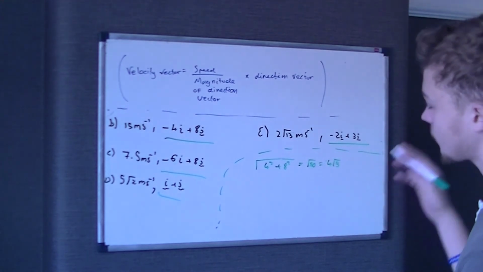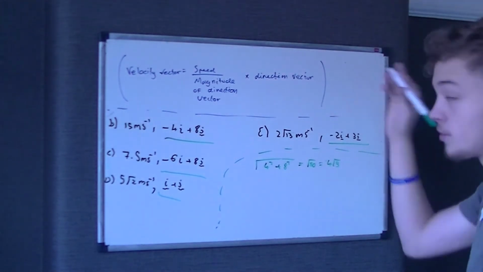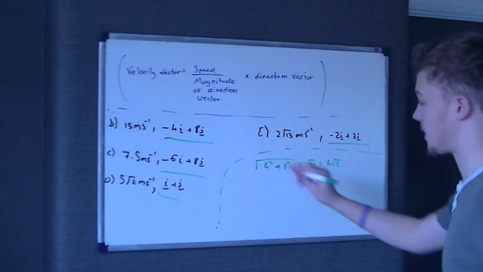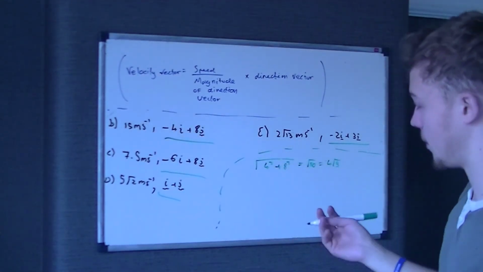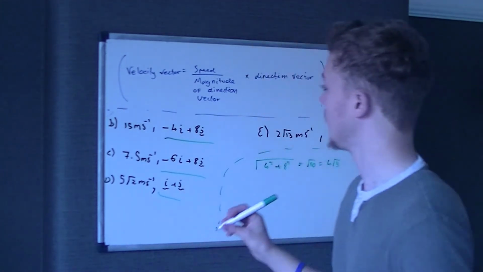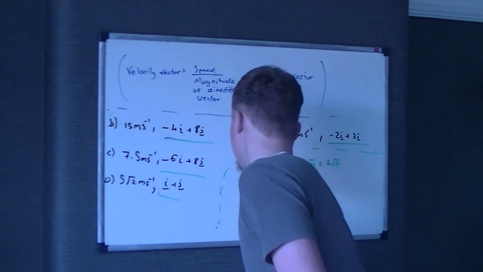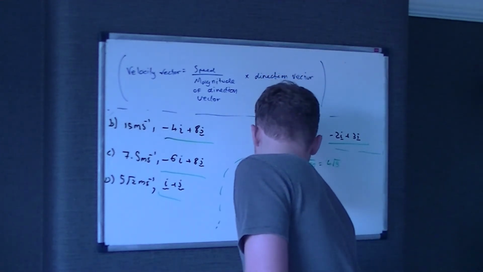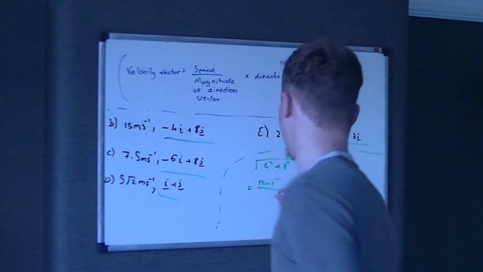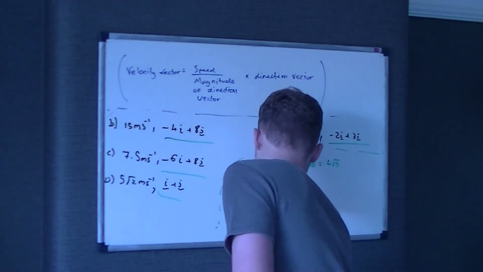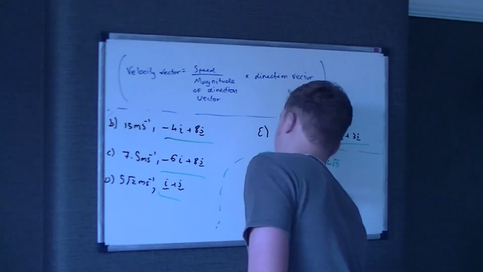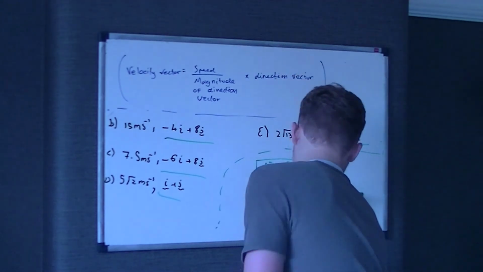And obviously we just put in what we've got, all the things we need to know now. Obviously they're already listed for you, but I would have written them down in list form. So therefore we could say the velocity vector is equal to the speed, which we know is 15 meters per second, over 4 root 5, times the initial direction vector of minus 4i plus 8j.